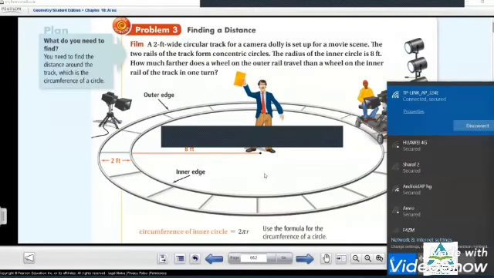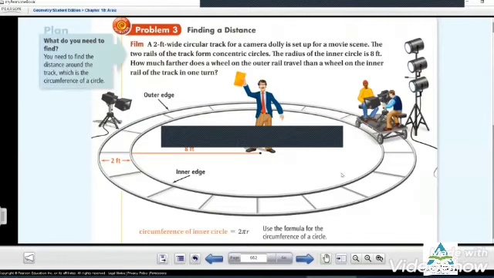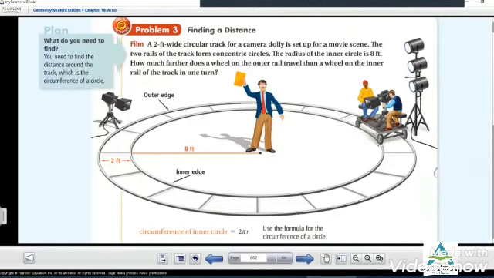Yes, I can hear you now. So Ahmed, I told you that the dolly camera here has wheels on the inner circle, one in the inner, and the other in the outer. So the question here, listen carefully. The inner circle, its radius is 8 feet. The question: how much farther does a wheel on the outer rail travel than a wheel on the inner rail?